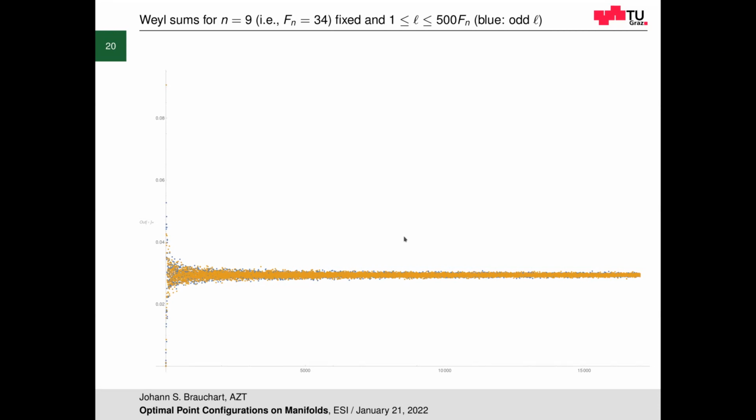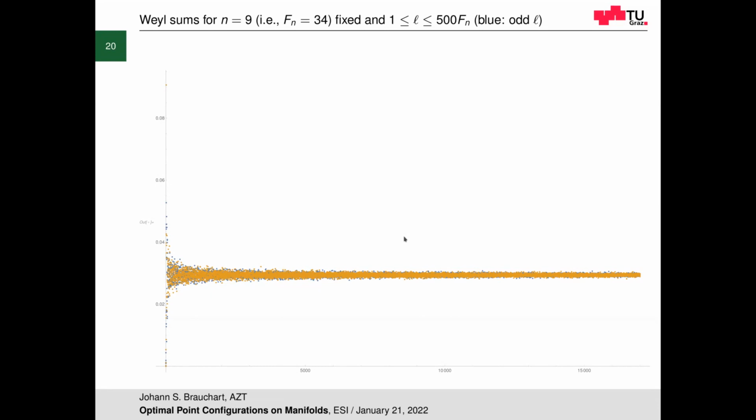So this means it's a very small point set, just 34 points on the unit sphere. But I wanted to know what happens if the degree of the Legendre polynomials covers a large range of values, from 1 up to 500 times the number of points.